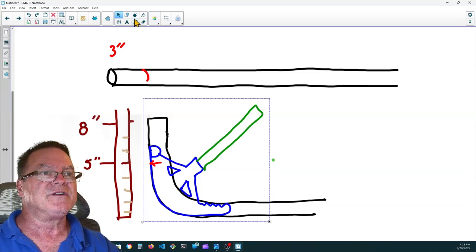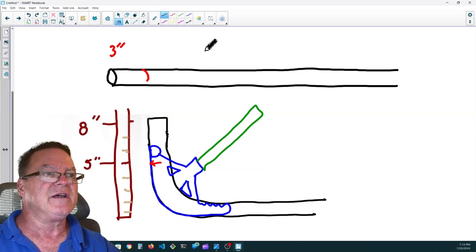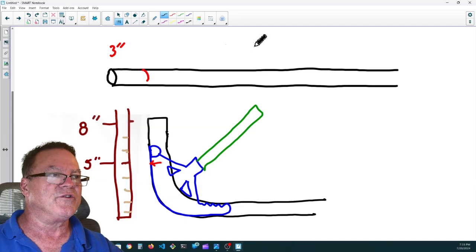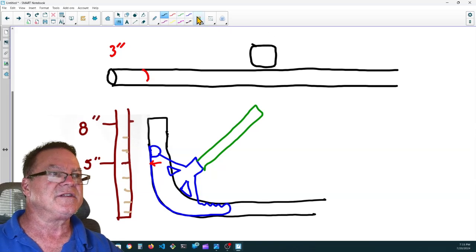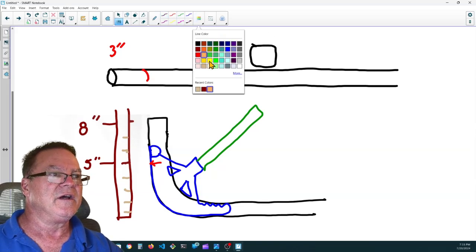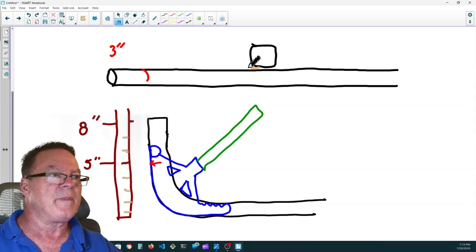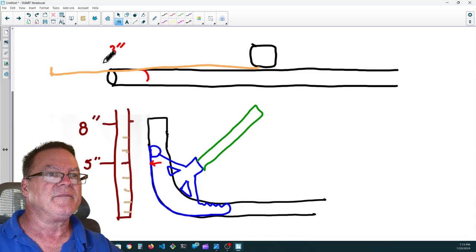What I like to do is take, and I'm going to make just a really poor drawing here of a tape measure. Here's my tape measure. What I like to do is take the tape and extend it 5 inches past the end of the conduit.